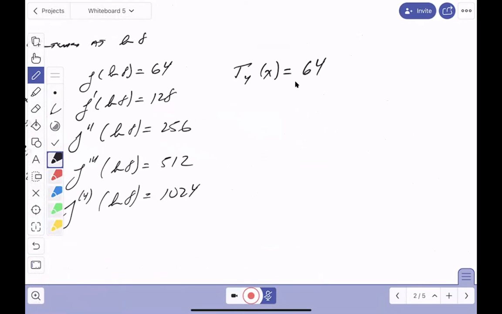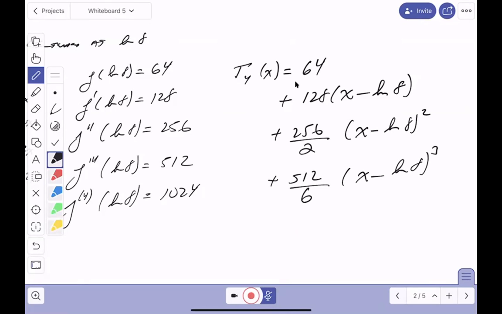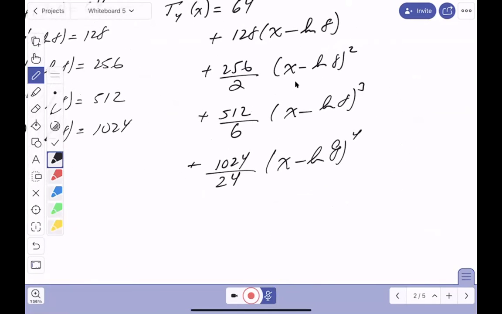Let's write it down. 64 plus 128 x minus ln 8 plus 256 over 2 factorial x, oh boy, that doesn't look good, x minus ln 8 squared plus, let's see, 512 over 3 factorial, which is 6, x minus ln 8 cubed plus 1024 over 24, which is 4 factorial, x minus ln 8 to the 4th power. Now, by the way, I don't mind the answer, but I am going to simplify it, all right?